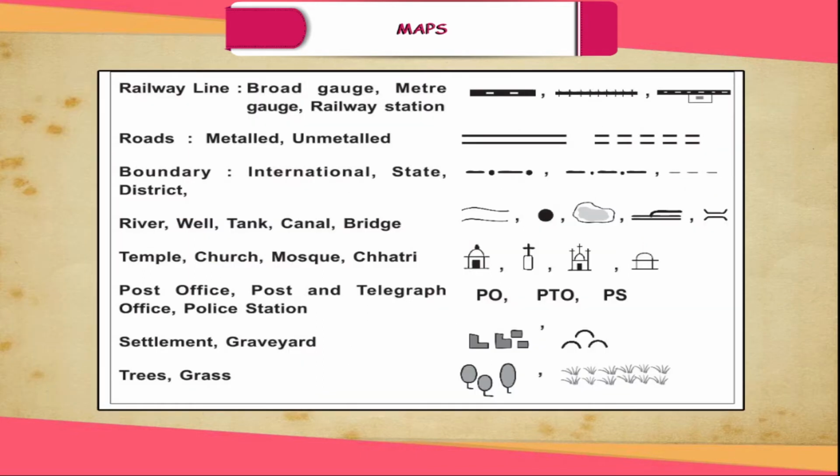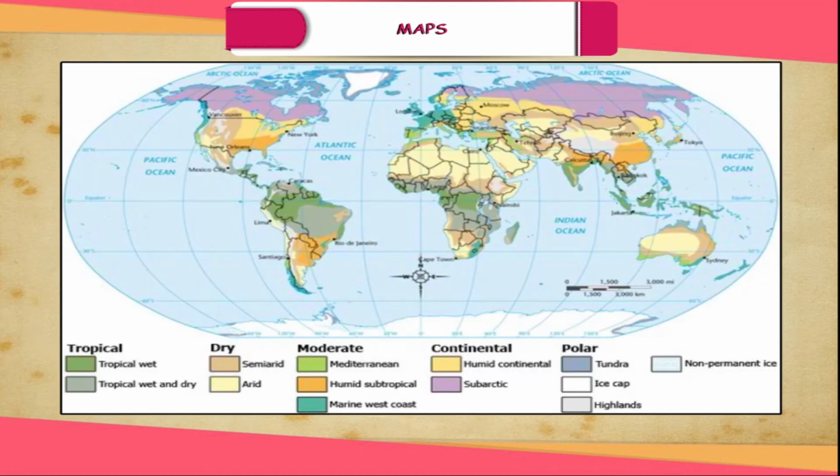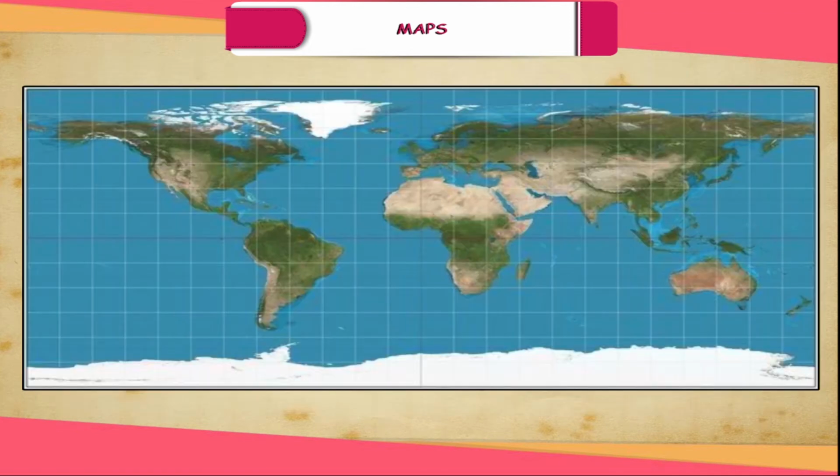These are called conventional signs and symbols. Some important symbols are given in Figure 3.2. In physical maps, different colors show different landforms. Green is used for plains, blue for oceans and seas, and yellow for deserts. These make maps very attractive. With the help of all the features, one can interpret any map with ease.